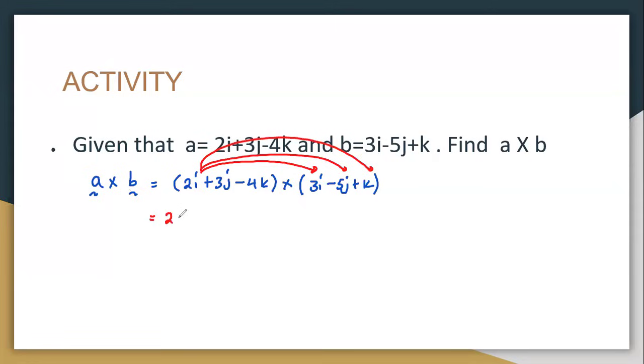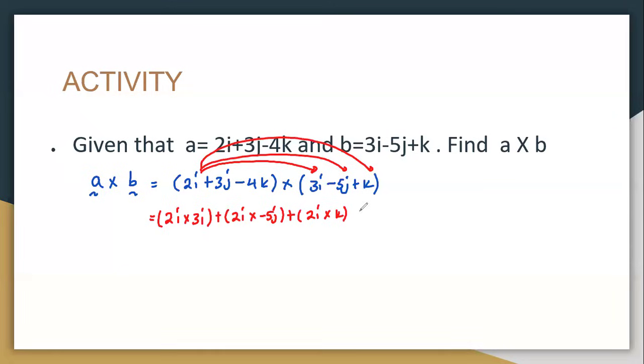Now here we shall have 2I cross 3I, then allow me to put in brackets, then I'll have plus 2I cross negative 5j plus 2I cross k.